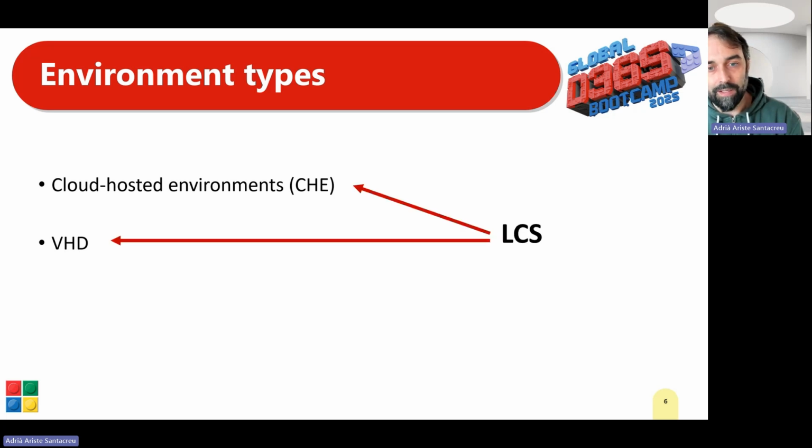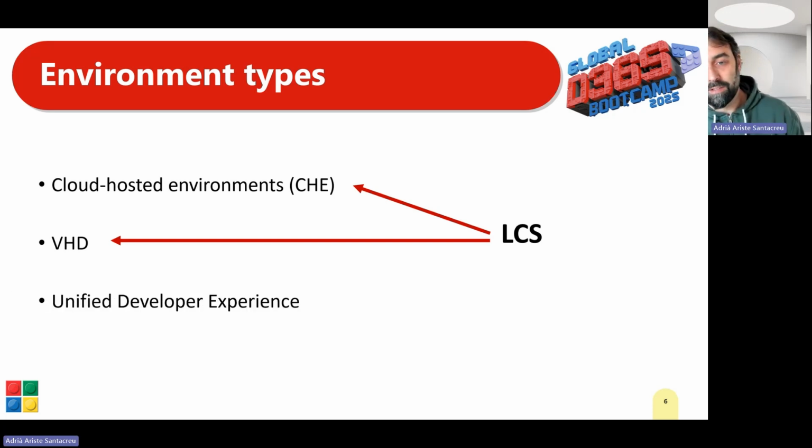And of course, these first 2 experiences are linked to LCS, which is the old platform management platform that we use to manage the environments, both the development environments and production sandbox environments.